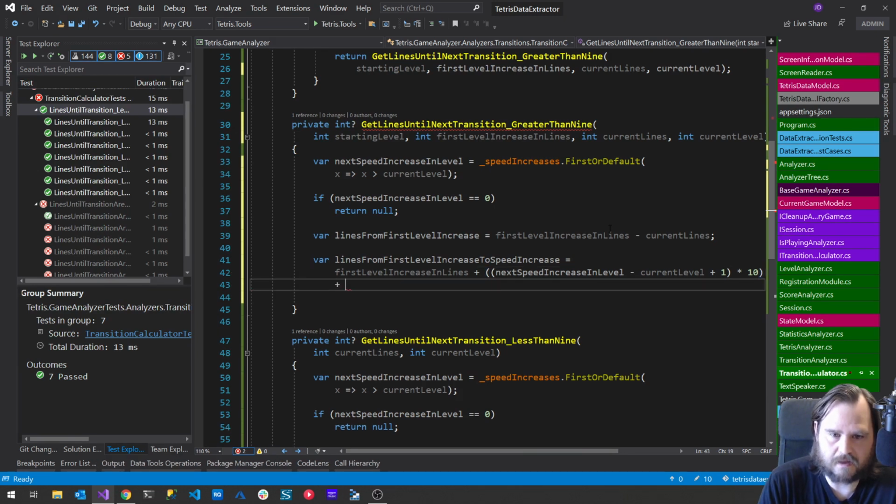And then we're going to add to that lines from first level increase.